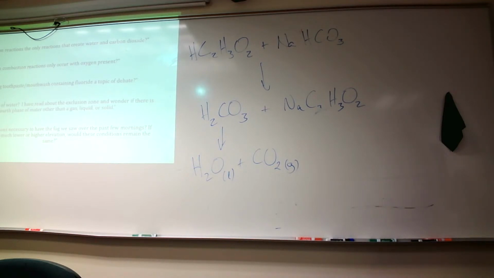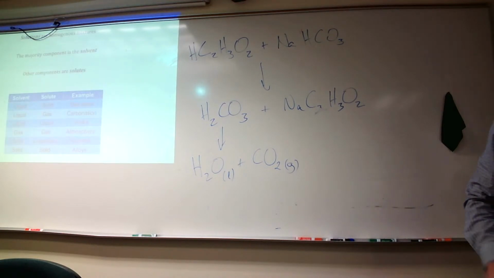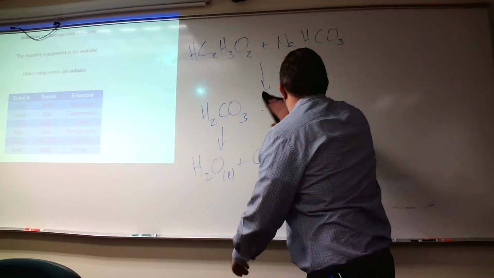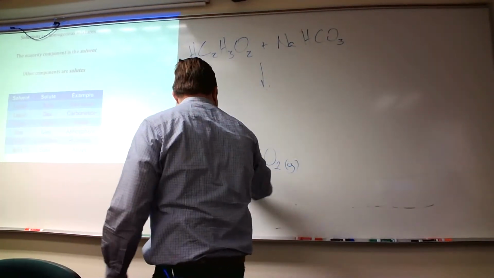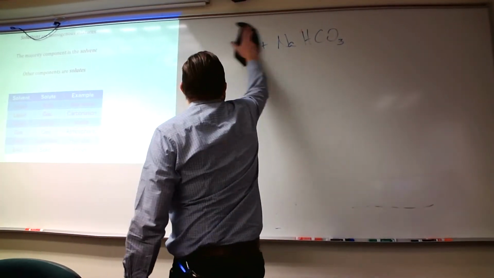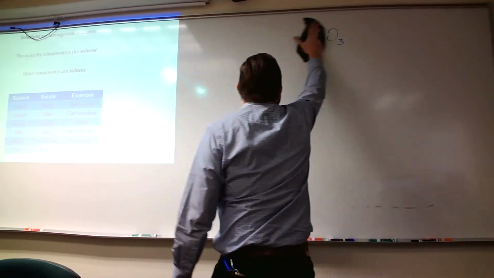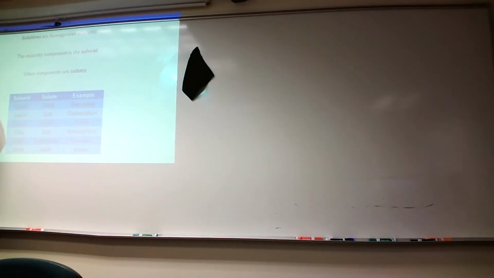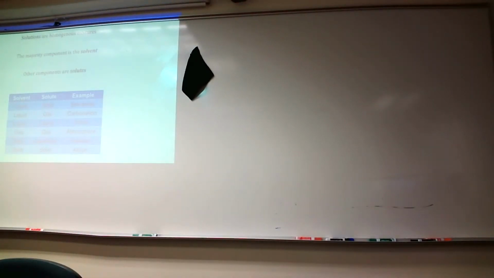All right, let's talk a little bit more about solutions, just because we never officially defined these, and we're talking about concentration now. A solution is anytime you've got a homogeneous mixture of more than one component. A mixture just means you have more than one compound present, and it can be in variable amounts. That's what separates a mixture from a compound, right?